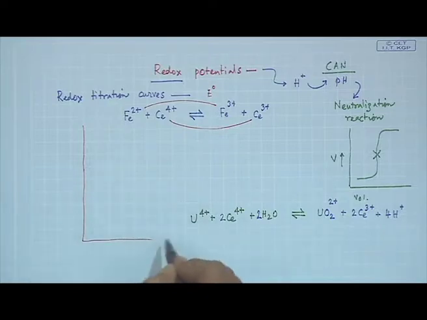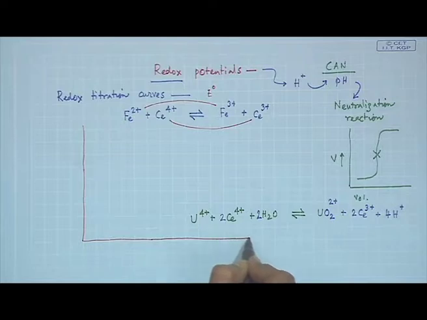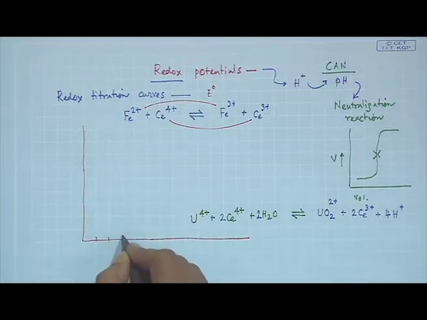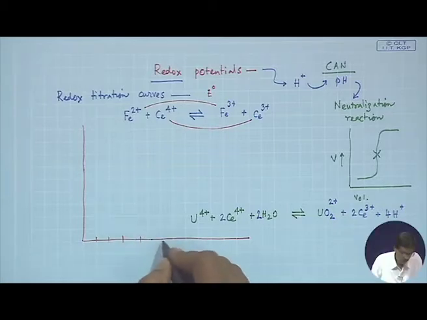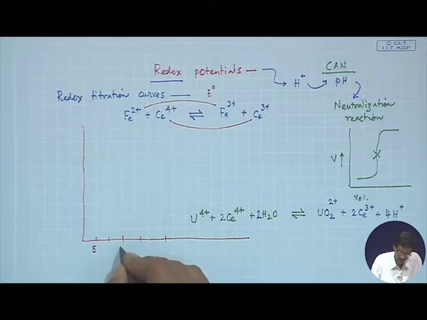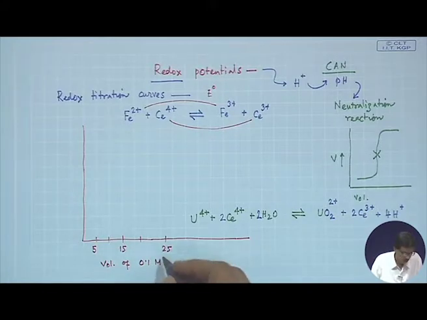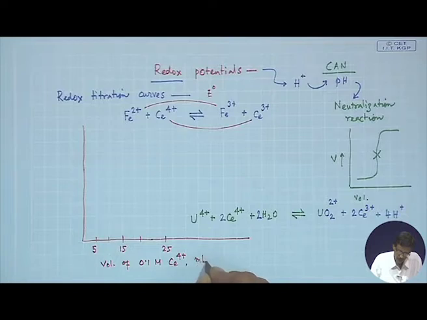And the values you can have, say, are 5, 10, 15, 20 and 25, which is nothing but the volume of 0.1 molar ceric ion solution in milliliter.